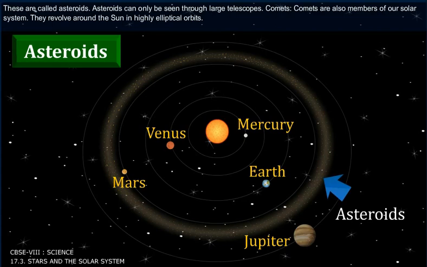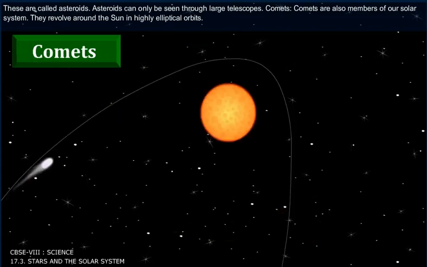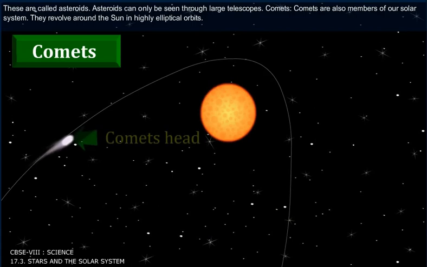Comets. Comets are also members of our solar system. They revolve around the Sun in highly elliptical orbits.